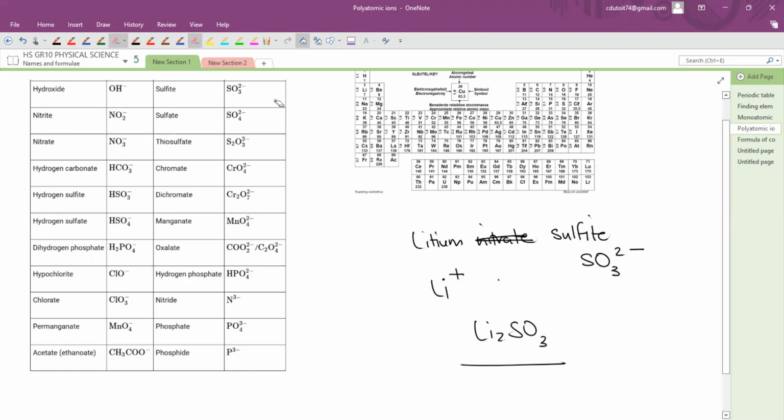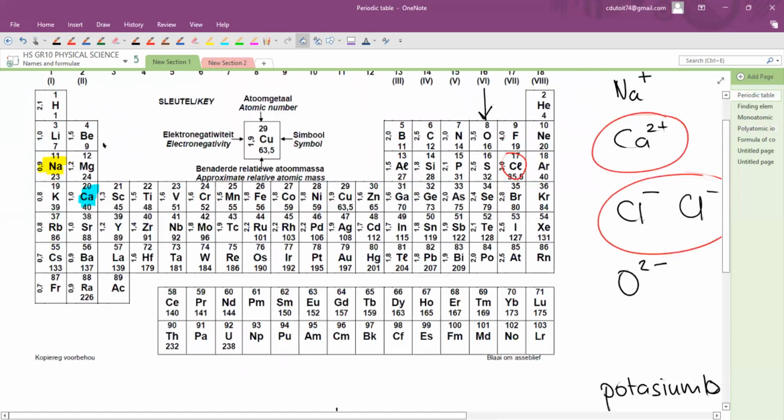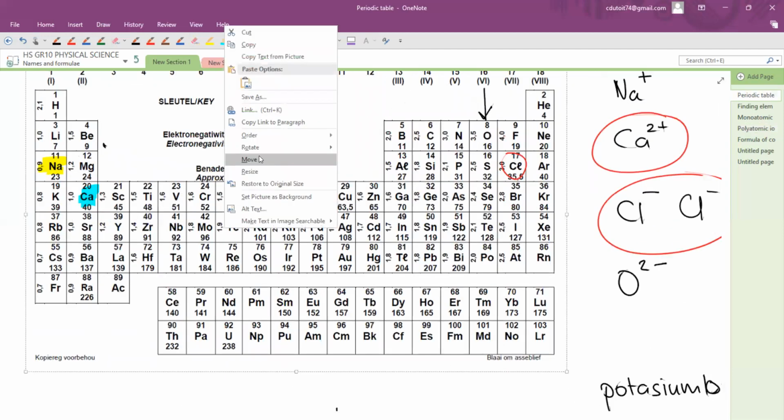Now, there's one more thing that we have to do. Look at the metals in the middle of that table that we haven't spoken about. I'm just going to copy this periodic table.